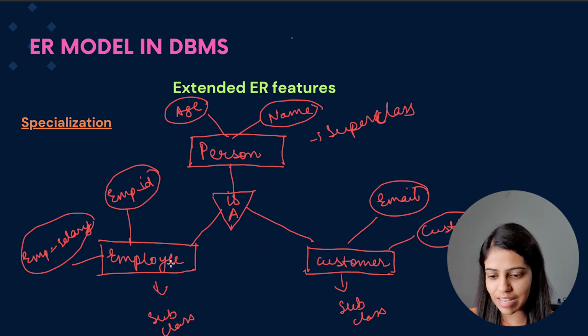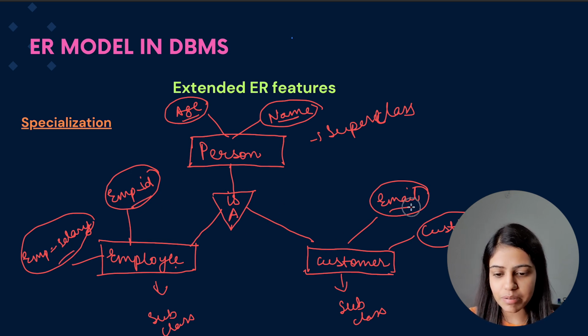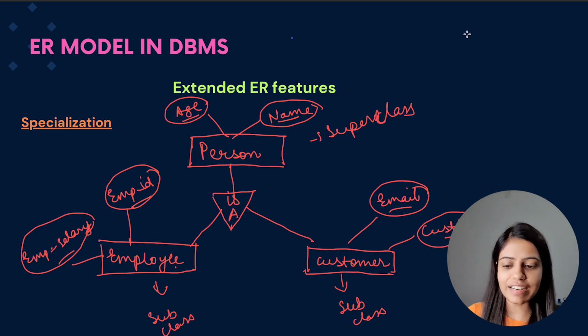So a person is the employee as well as the customer. Person may have some attributes, that is age and name, which are common among employee and customer, but employee ID, employee salary, customer email and customer ID are distinctive. So in the super type, all the attributes remain shared with the child classes, the subclasses, and in the subclass there are attributes which are distinctive.